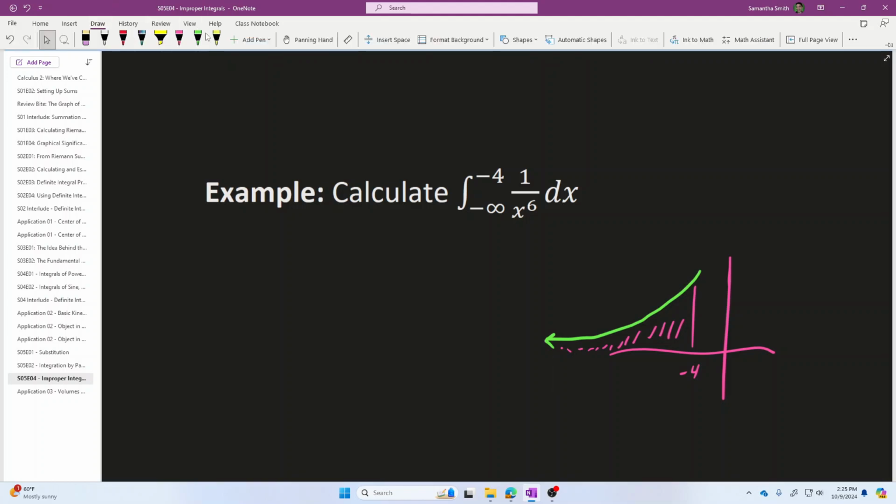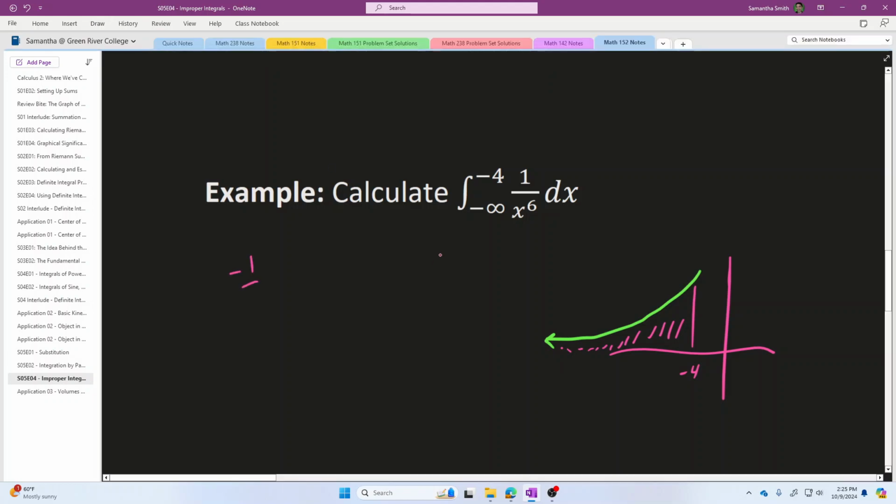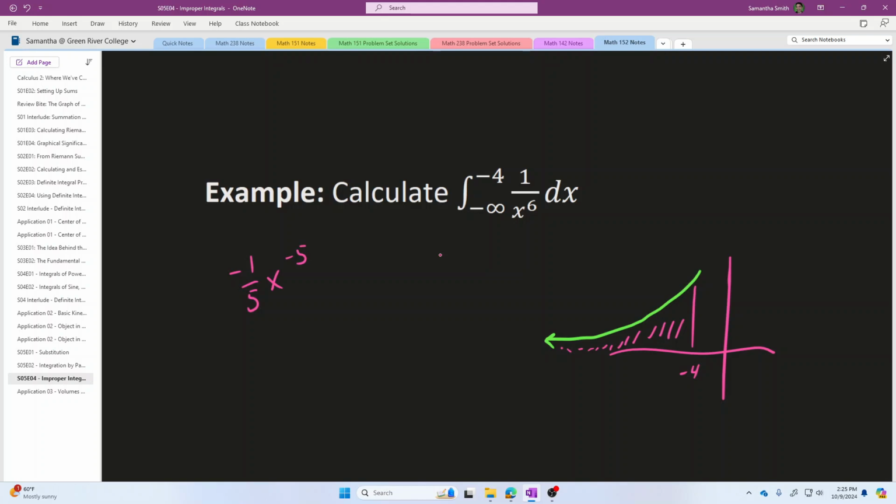Once again, the game begins the same way that it always does, by finding an antiderivative of your function. And so using the power rule again, we have negative 1/5 x to the negative fifth power. And I'm going to plug in an upper limit of negative 4, and I'm going to quote unquote plug in negative infinity, but that doesn't quite make sense.